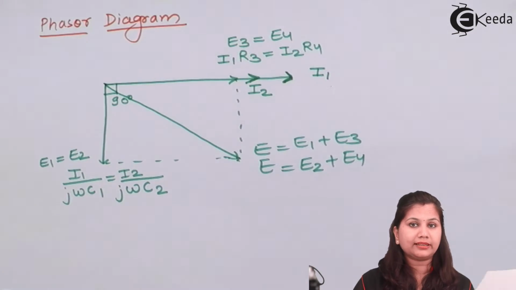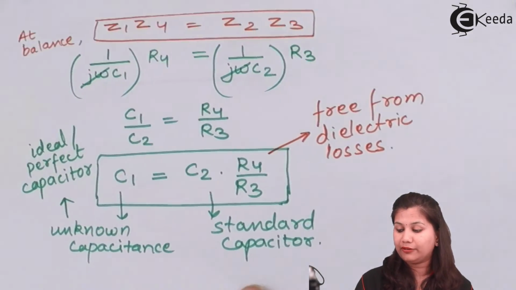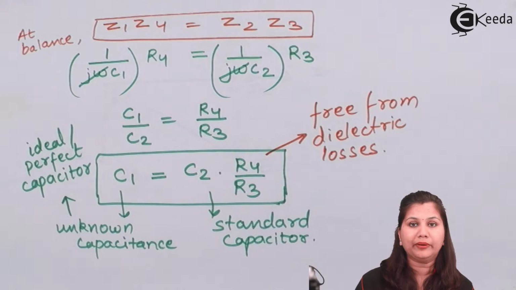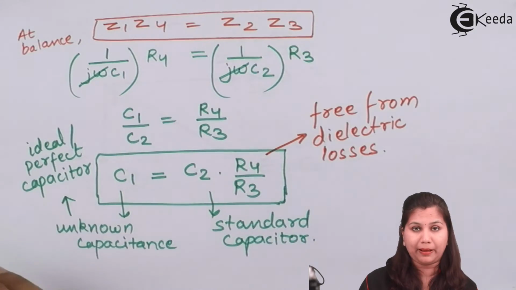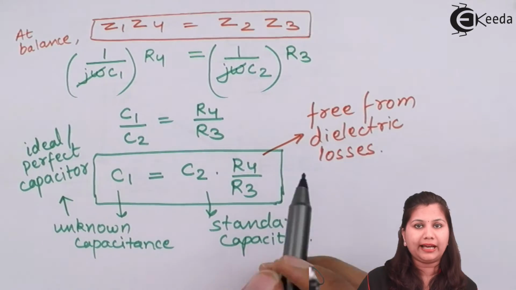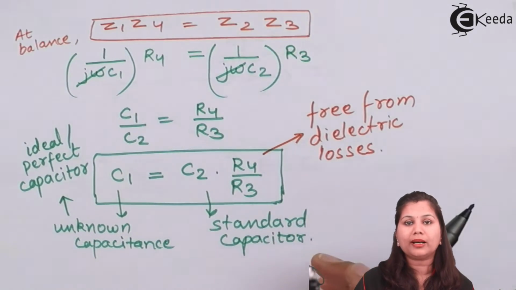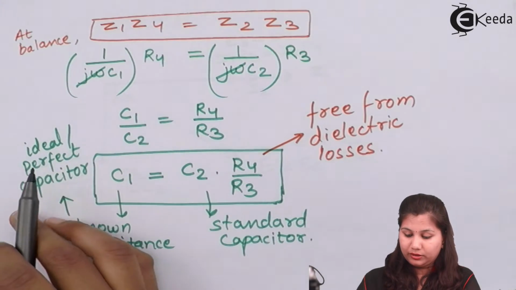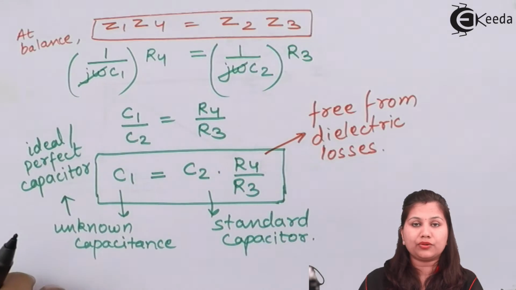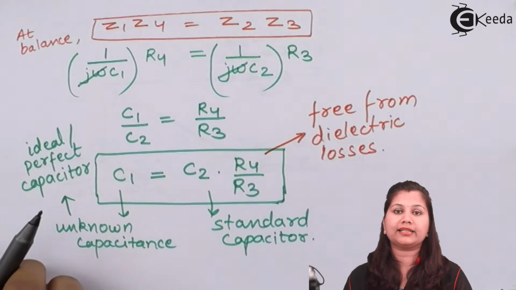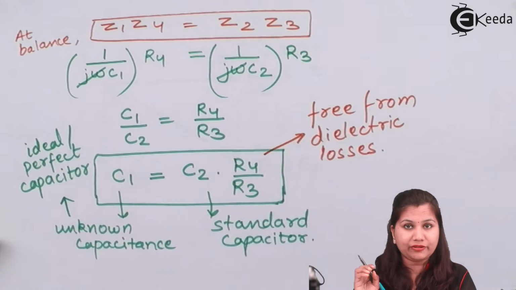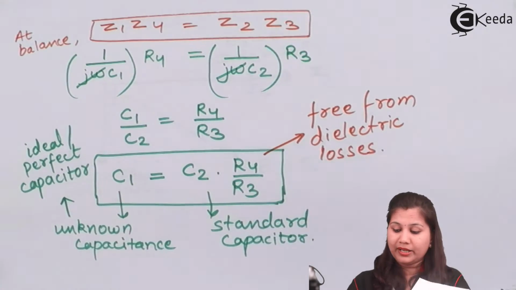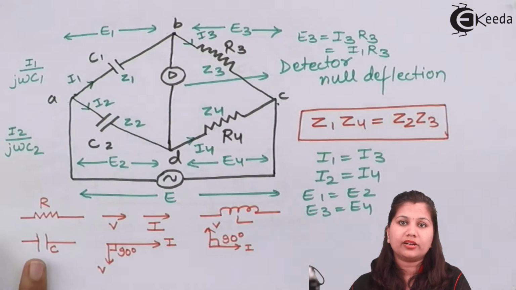Now, as I have said, this De Sauty bridge measures the capacitance of a perfect capacitor, which is free from dielectric losses. But this is not a practical case. This is an ideal situation. If we want to measure the capacitance of imperfect capacitors, those having dielectric losses in them, then this circuit will give us inaccurate results.